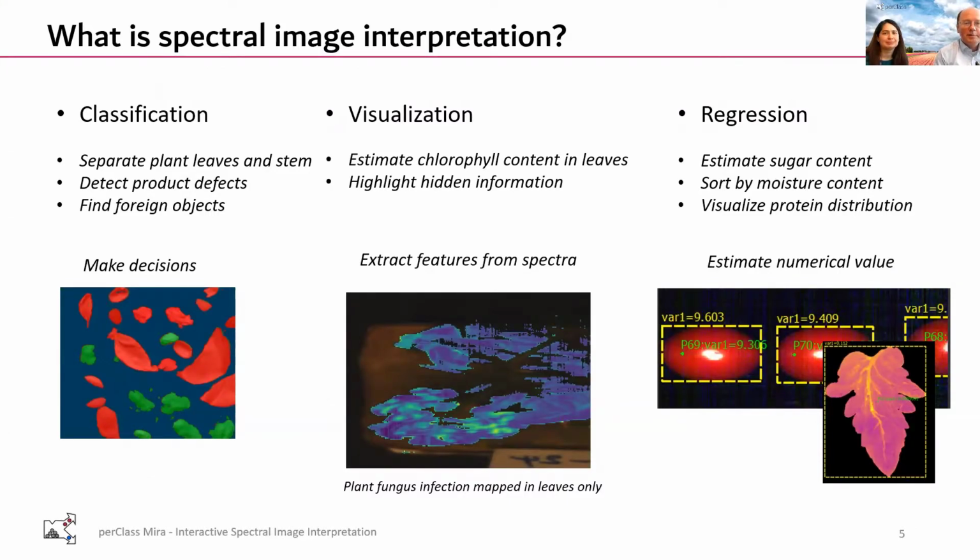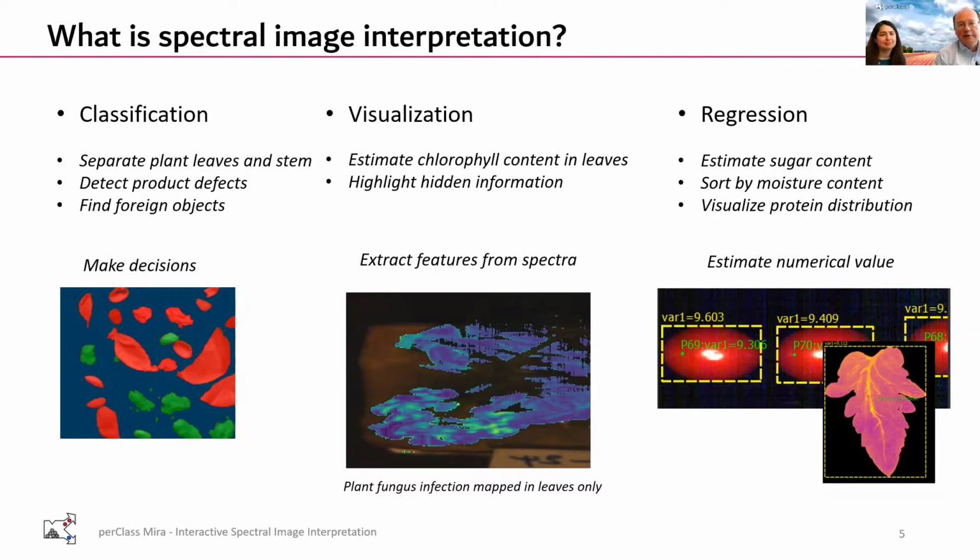What we mean by spectral image interpretation, of course, there are many different ways to look at it. We roughly speak about 3 different things. One is classification. So we will see how to learn how to apply classifiers, how to make decisions on the pixel level, on the object level, how to deal with applications such as foreign object detection.